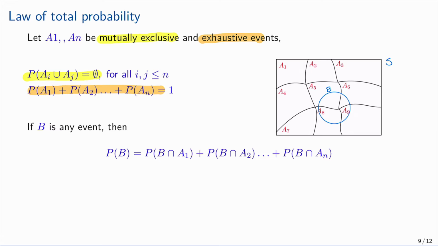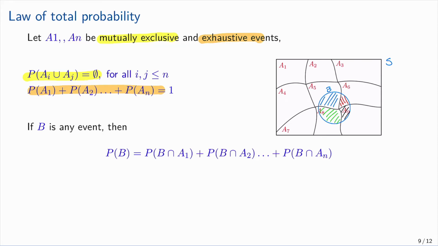But eventually we have the probability of B with A5, the probability of B with A6, the probability of B with A8, and the probability of B with A9. So that will form the probability of B as the sum of the probability of the intersections with our mutually exclusive and exhaustive sets of events.